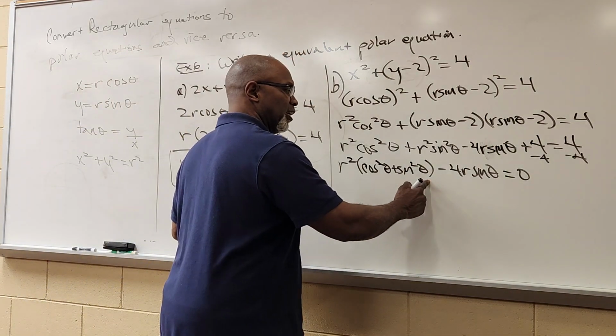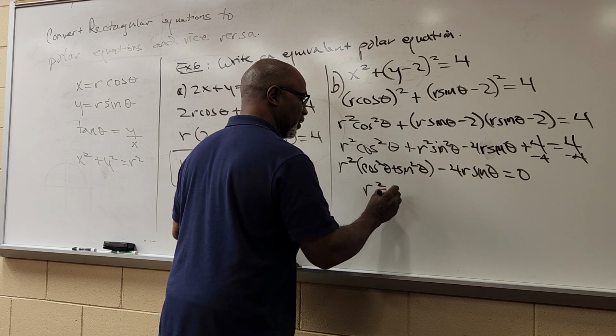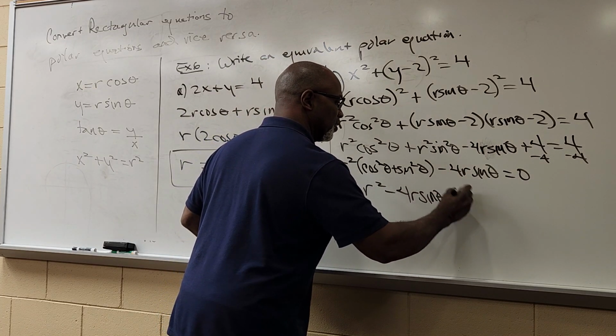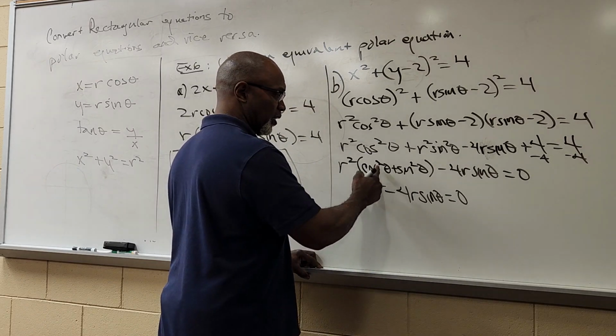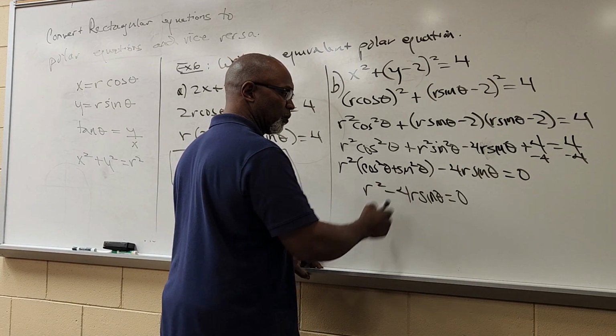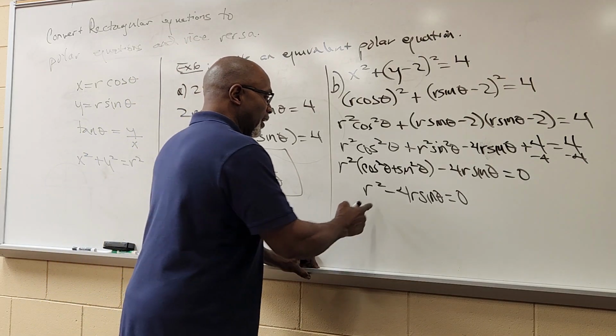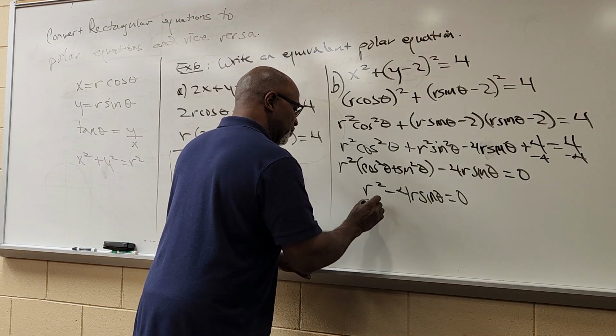Well, cosine squared theta plus sine squared theta is 1. So I get r squared minus 4r sine theta equals 0. Again, cosine squared theta plus sine squared theta equals 1. That's one of those Pythagorean identities. Okay? I can factor an r out.